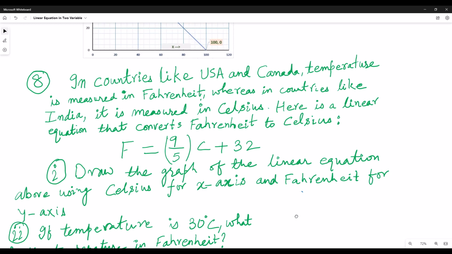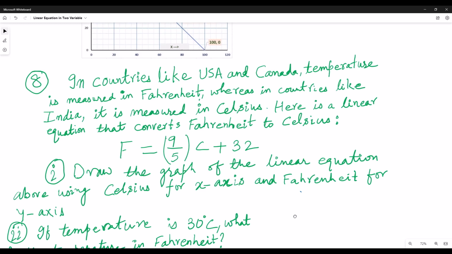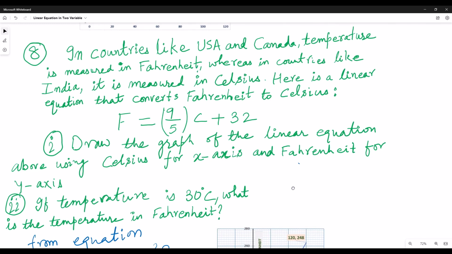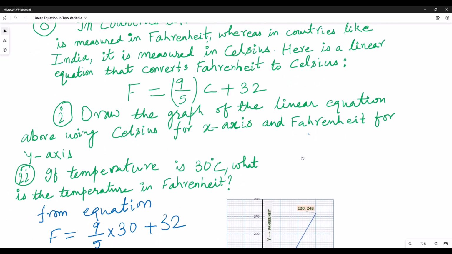So these are 2 units, and the relationship between them is F equals 9 by 5 C plus 32. Draw the graph of the linear equation above using Celsius for the x-axis and Fahrenheit for the y-axis.